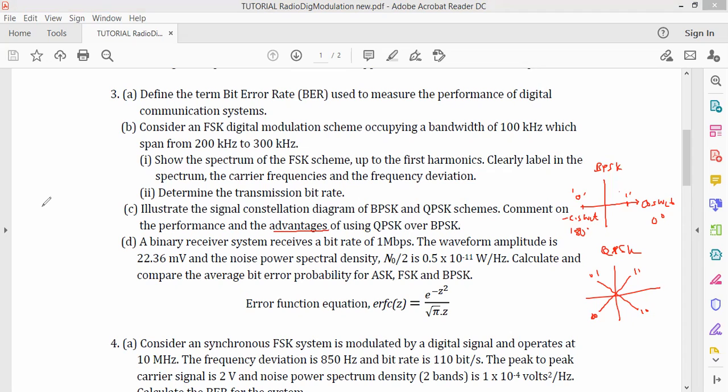So the spectrum efficiency is bit rate over bandwidth. So for a given bandwidth, you can transmit a higher bit rate. That's the main advantage of QPSK. So you can utilize the spectrum or bandwidth more efficiently, meaning higher data transfer for a given bandwidth.